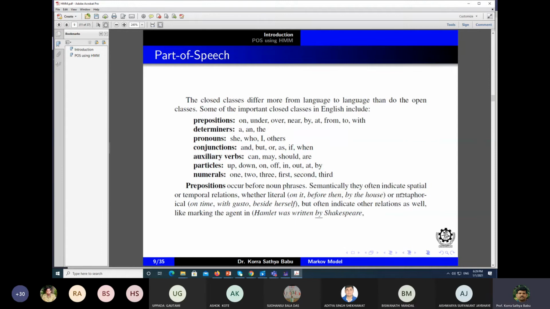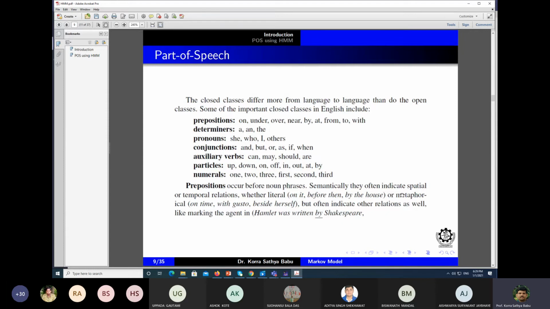Conjunctions join two phrases, clauses, or sentences. Coordinating conjunctions like and, or, but join two elements of equal status. Subordinating conjunctions are used when one of the elements has some embedded status.